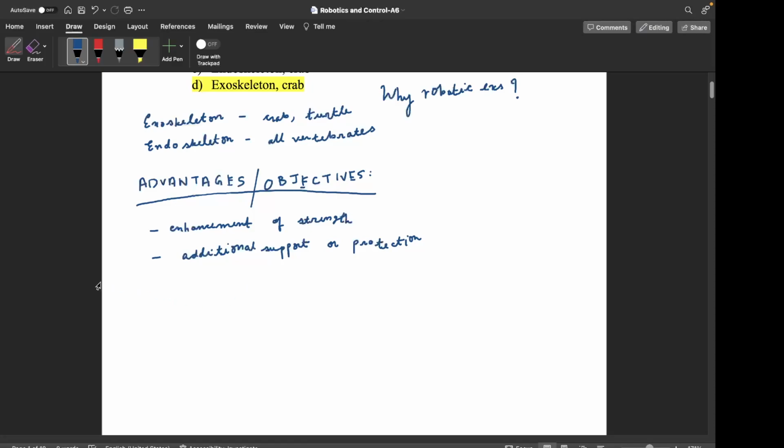And it can also enhance or provide some mobility.